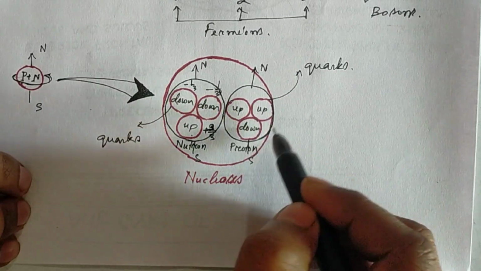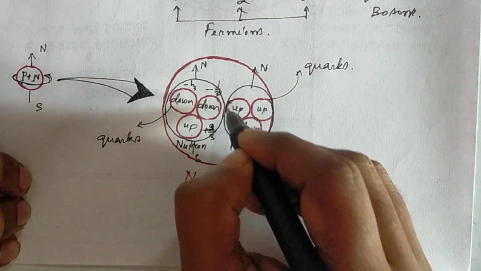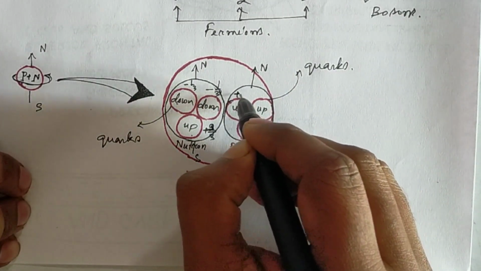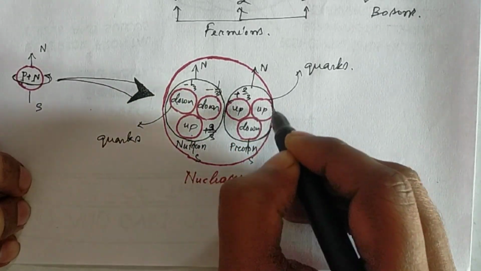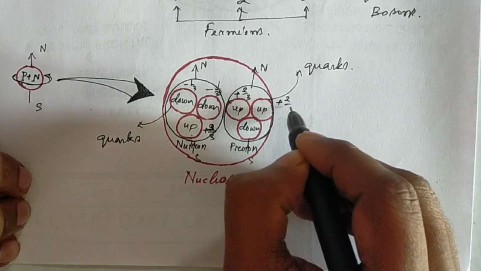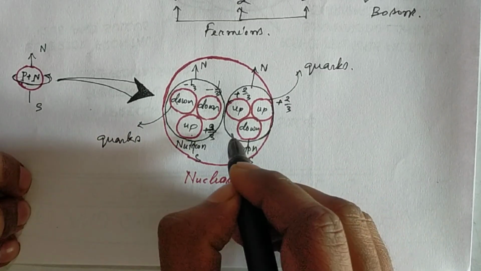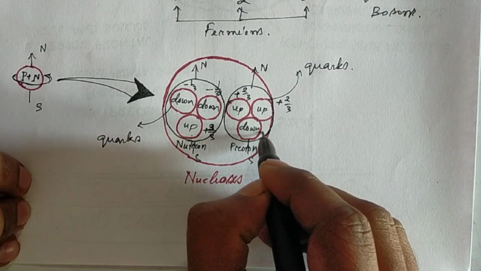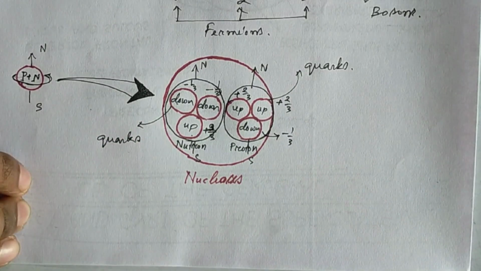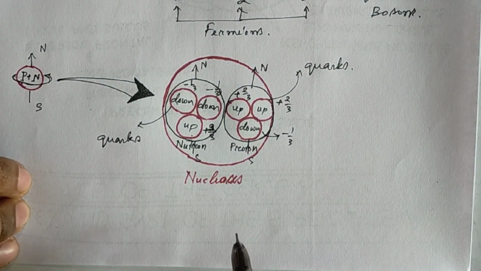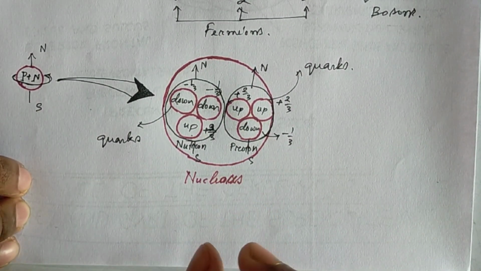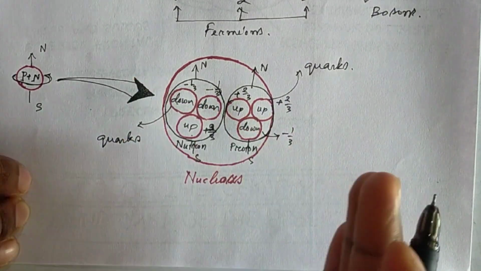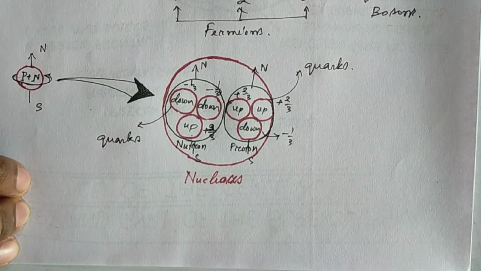In the case of protons also, as this is an up quark, it will have +2/3, and this up quark will also have +2/3, and this down quark will have -1/3.